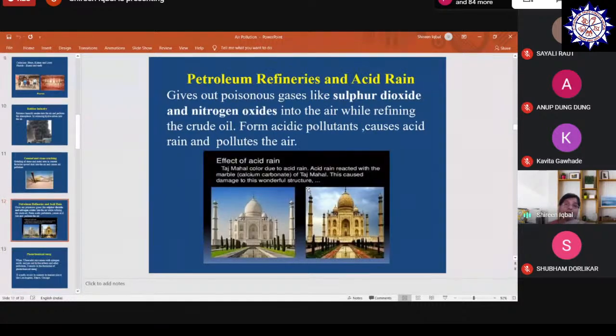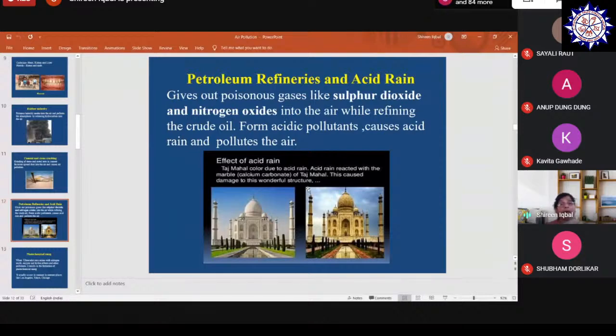So the next one, that is the petroleum refineries and acid rain. So when the crude oil is refined, it is refined by heating the oil. ठीक है, उसको हीट किया जाता है. जो क्रूड ऑयल होता है, जो डर्टी ऑयल होता है, उसको रिफाइन करने के लिए इसको हीट किया जाता है. Okay, and while heating, the compounds, that is sulfur dioxide and nitrogen oxides, are emitted from it.